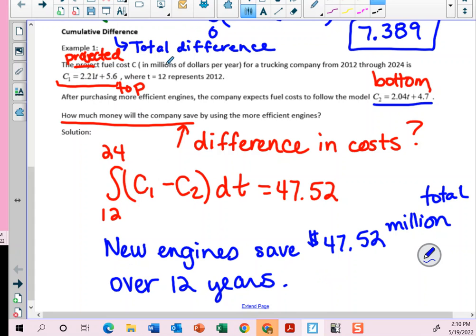If I say, oh, look, it's going to cost $8 million to upgrade our engines. We'll save $47.5 million over 12 years. So we're saving around $4 million per year. That means in less than 3 years, we'll have recouped the money we've spent. That maybe sounds a little bit more reasonable to a board of directors or something like that.